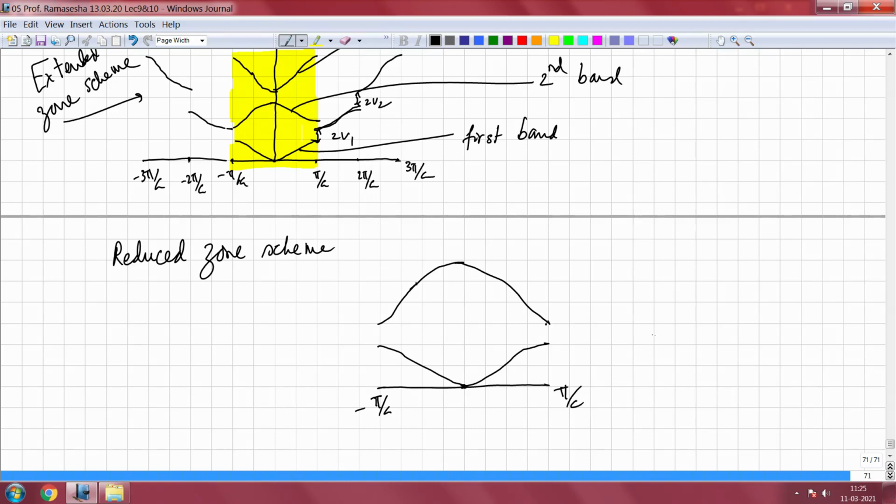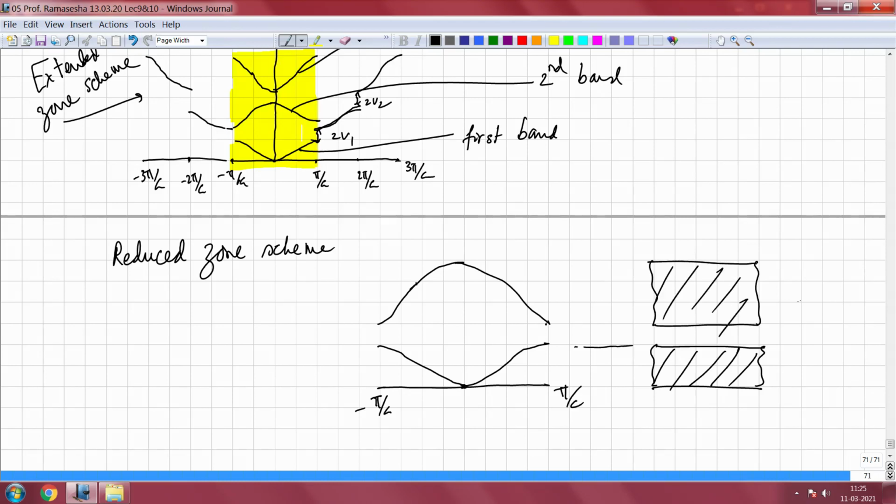Of course, we can also write it in the usual simple representation of bands. This is the first band, there is a band gap, and then a second band, and a band gap, and so on. So this is band 2, this is band 1, and higher bands.